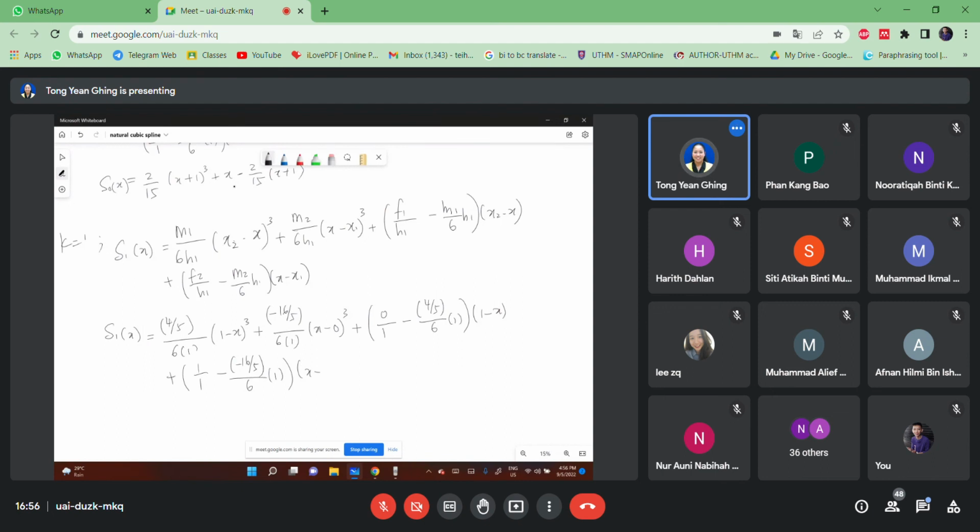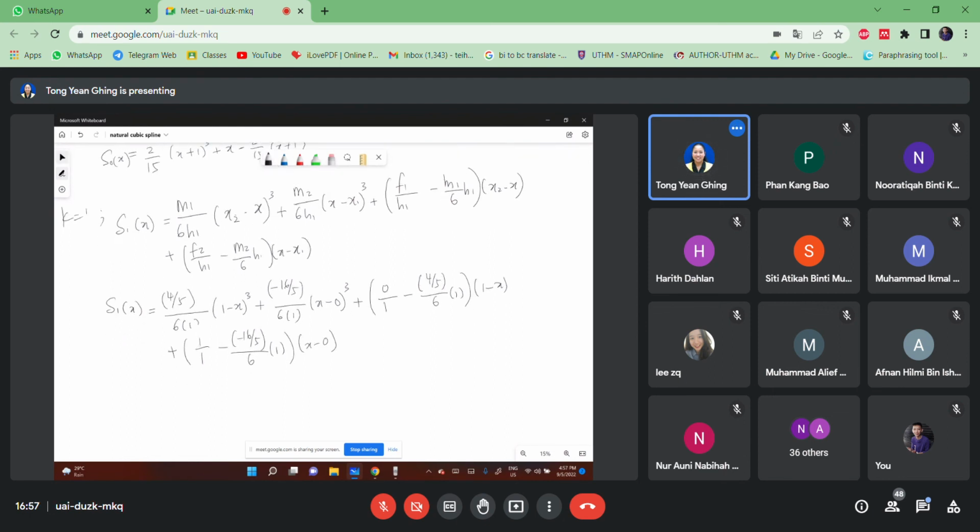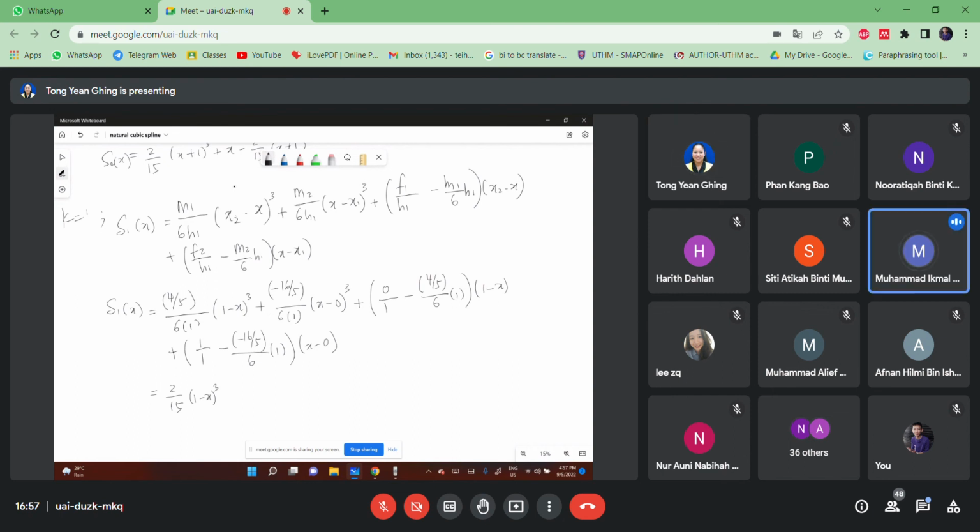x minus x1 is 0. So this one is 2 over 15, 1 minus x power of 3. Negative 16 over 5 over 6 is negative 8 over 15. Need to calculate, cannot do it mentally. And then x power of 3 plus, this one is 0 already.